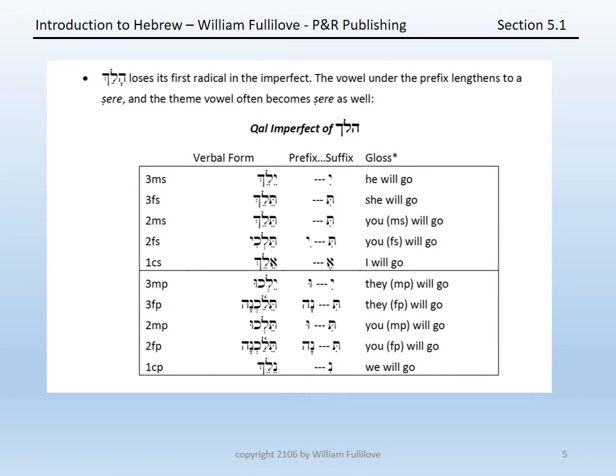Regarding the imperfect, there are also two irregularities that should be noted. In the scheme of things, Hebrew actually has relatively few truly irregular words. But in almost every language, irregularities tend to hold on in very common words. If you think about English, we typically have more variability in the verb to be. I am, you are, he, she, it is.